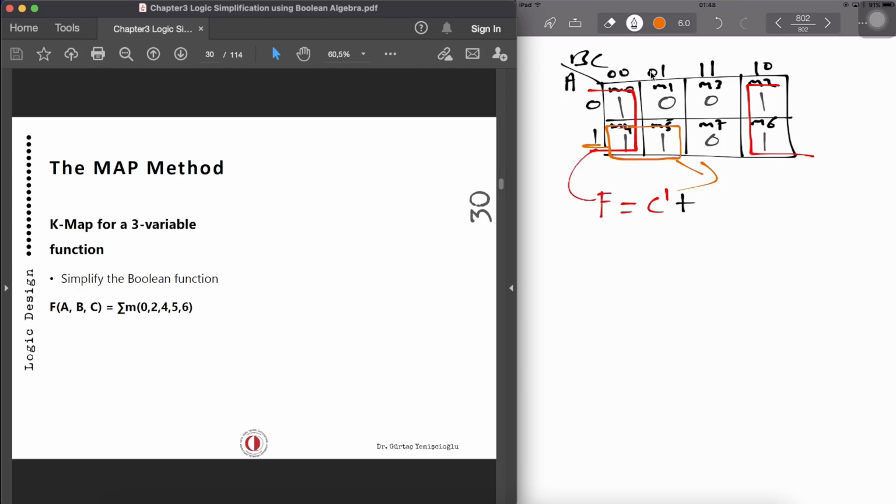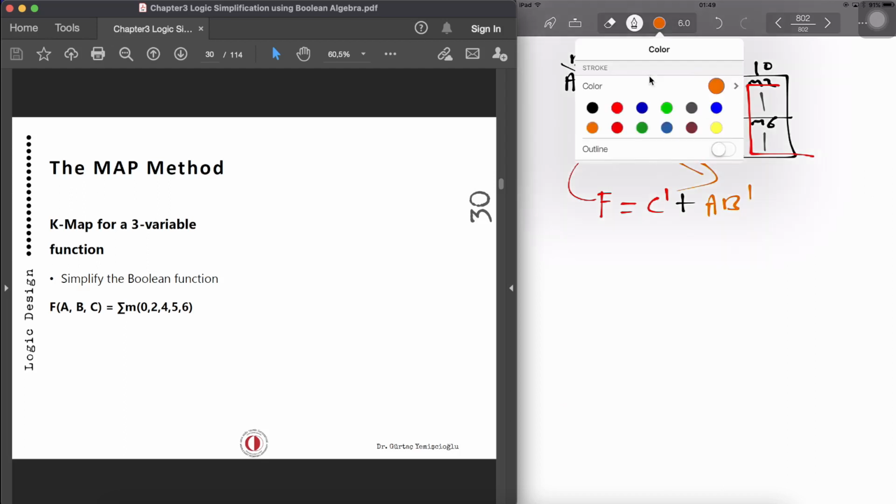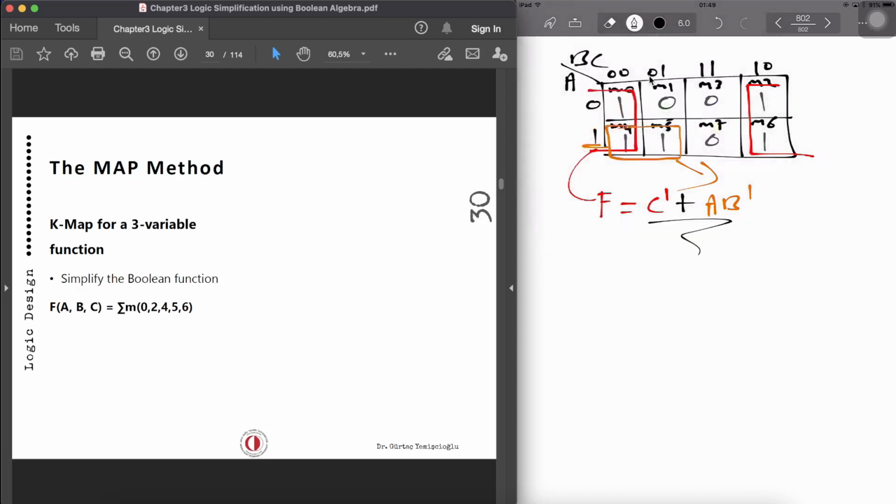B is 0, stays 0. C is 0, changes to 1. So A is staying 1, B is staying 0. So I can just say it's A, B prime. And that's it. This is the solution of it.